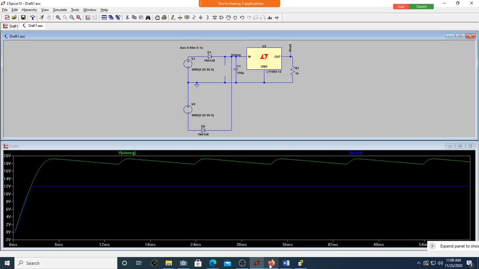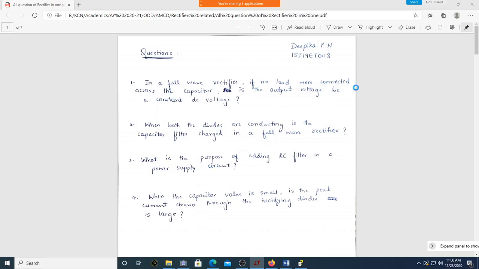Okay, let me just share the questions that I got. Is this visible now? Let me go through the questions raised by you. In a full wave rectifier, if no load is connected across the capacitor, is the output voltage a constant DC voltage?